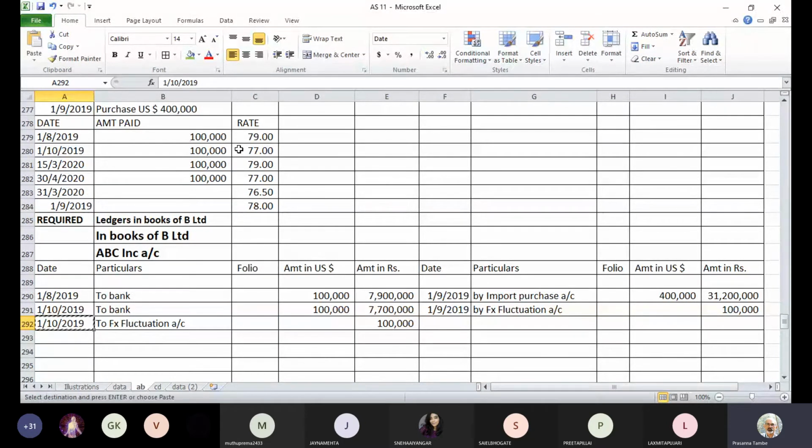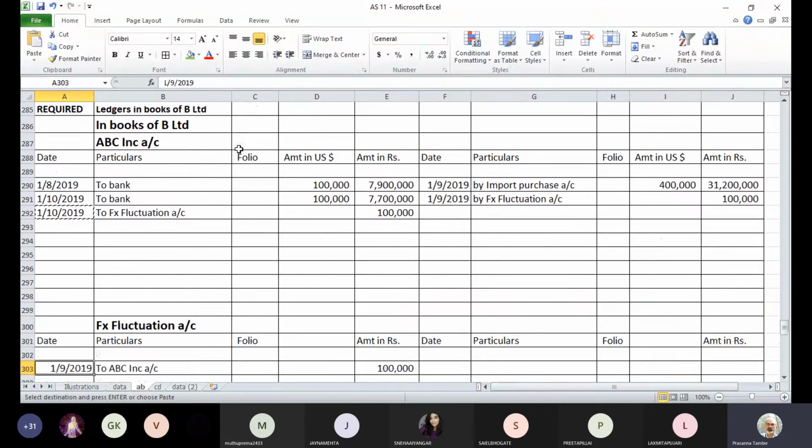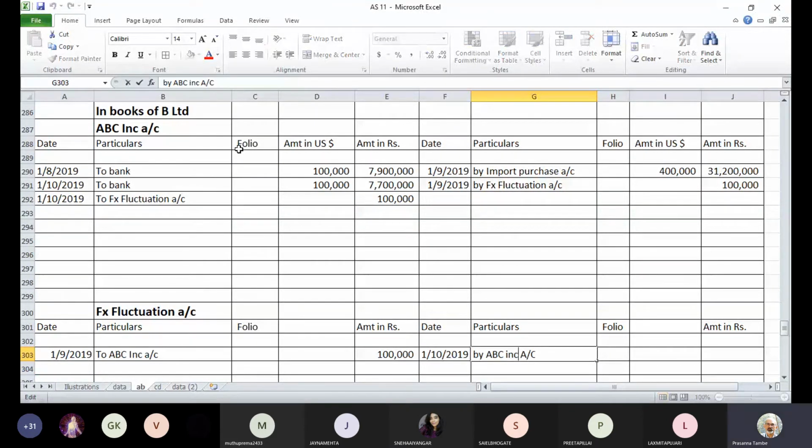So we have to credit that gain to FX fluctuation account now. ABC Incorporated. ₹1 lakh gain is credited over here.